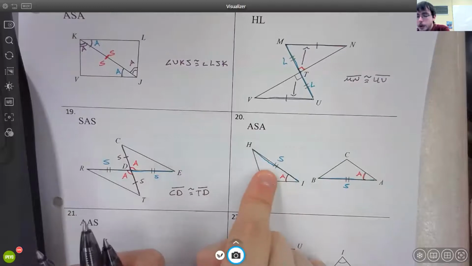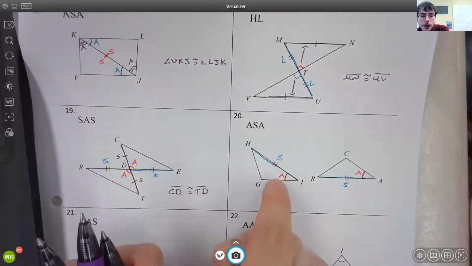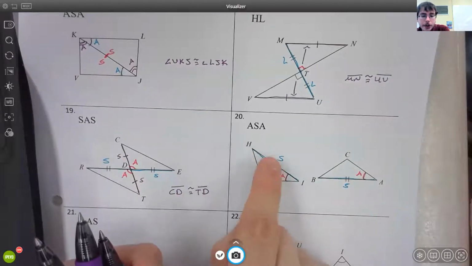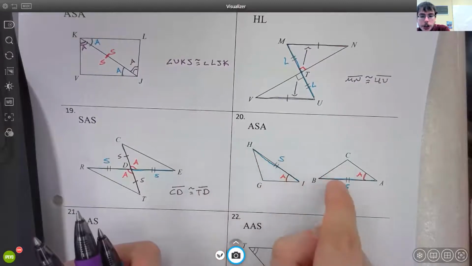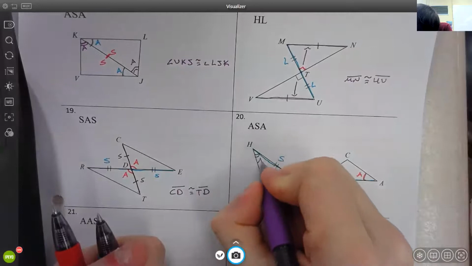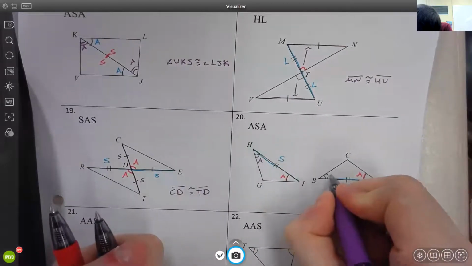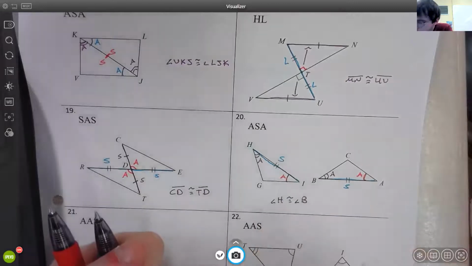So we have one congruent pair of sides already, and it says that it needs to be between the 2 angles. So the other angle has to touch that side. We already have I here. We need H and B to be congruent. So angle H has to be congruent to angle B.